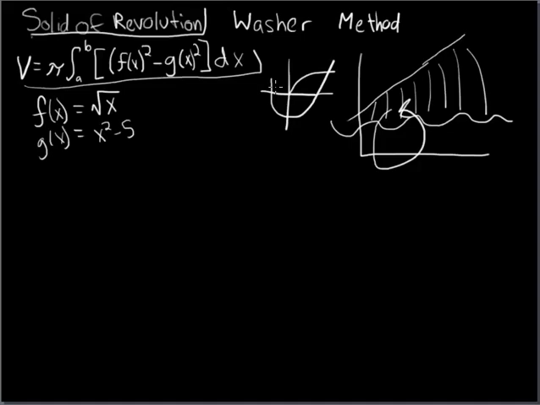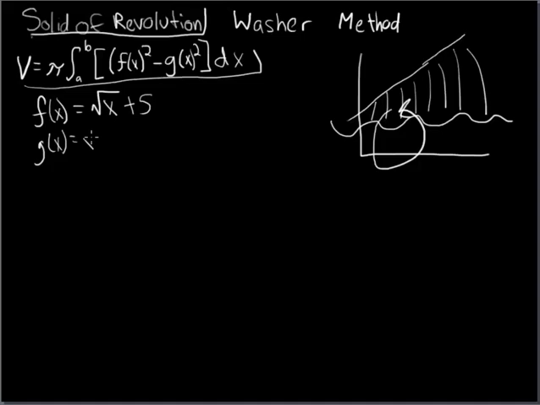No. Let's change this around. We'll keep the square root of x. We want to keep it above the x-axis because we're rotating about that, and it gets all weird when you go into the negative x-axis. So we'll keep it above, and instead we'll put plus 5 here, and then g of x equals x squared, just x squared. So it'll look like this.